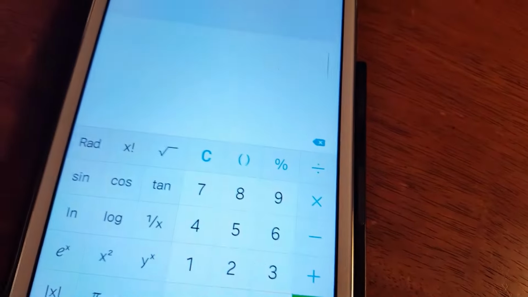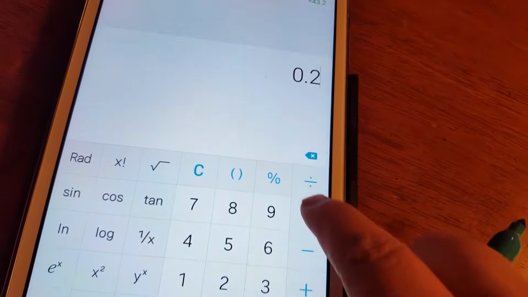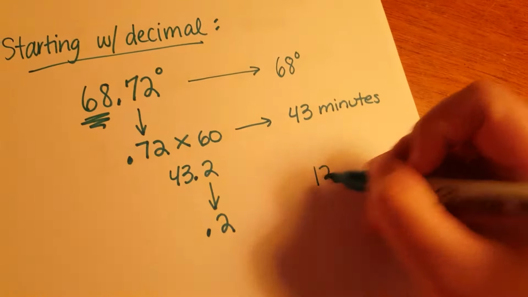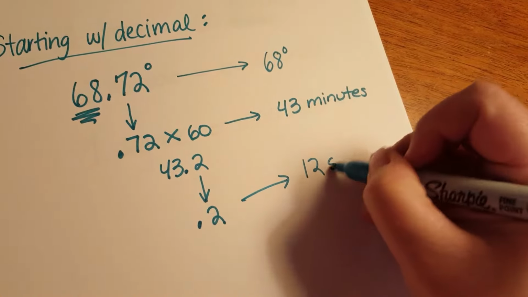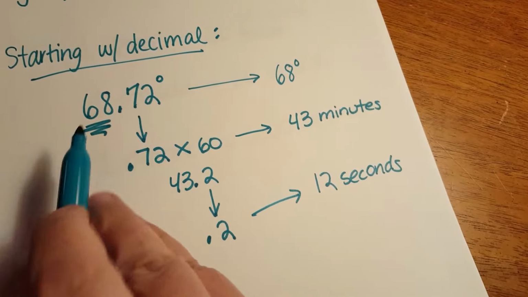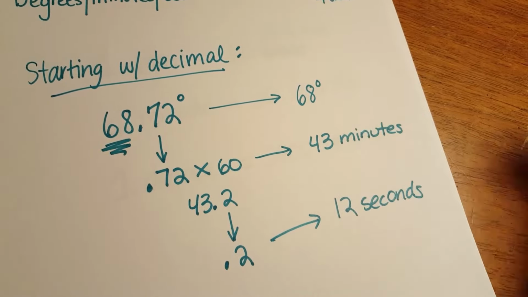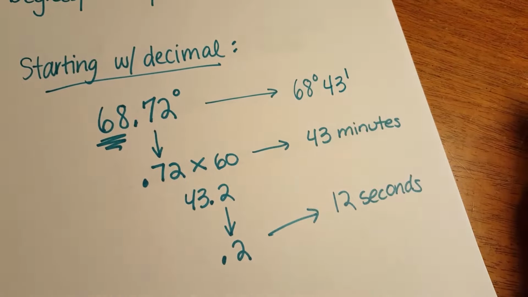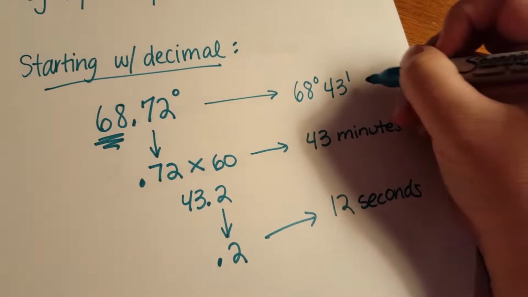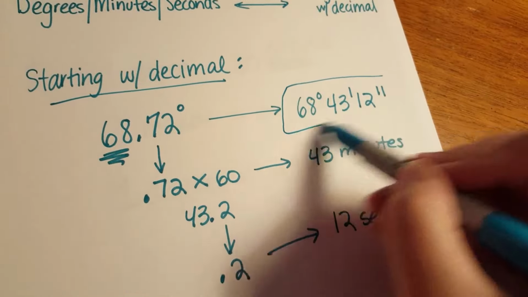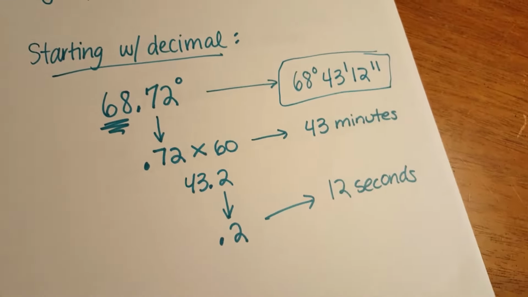So again, I do 0.2, just the decimal part, times 60. And that's 12. So 68.72 degrees is 68 degrees, 43 minutes. We use one single apostrophe for minutes, and 12 seconds. And that's my answer.